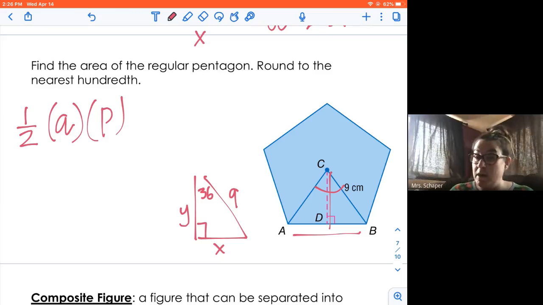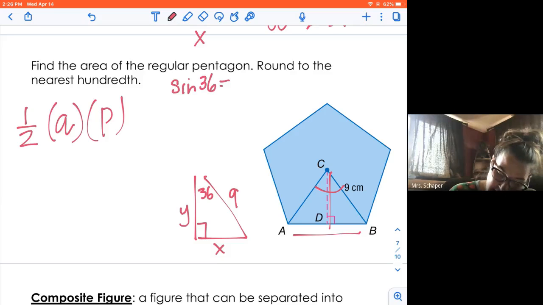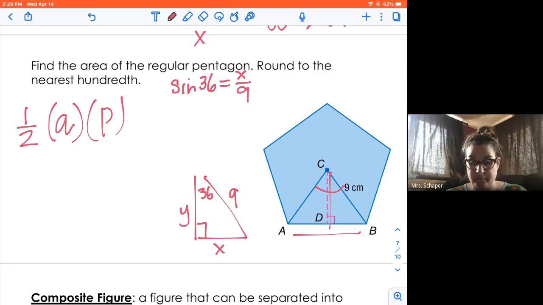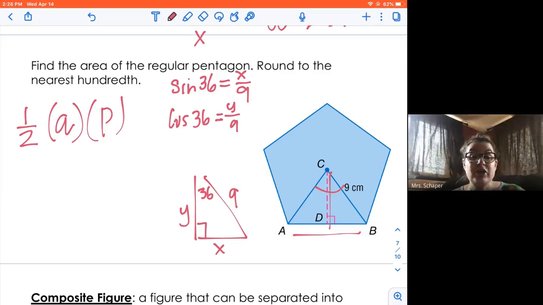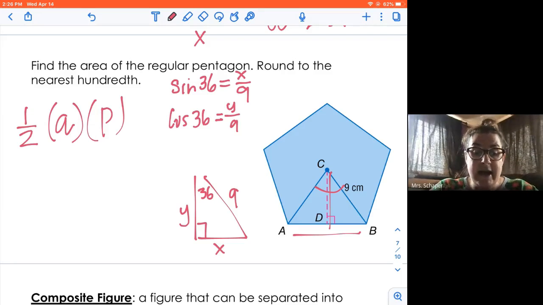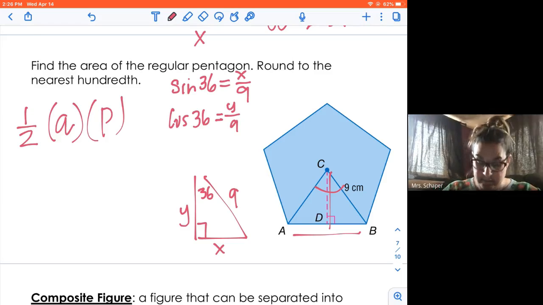So SOHCAHTOA, right? So the sine of 36 is equal to opposite over hypotenuse. And the cosine of 36 is equal to y over 9. So now that's going to help me figure out those measurements. So I'm going to take the sine of 36 times 9.